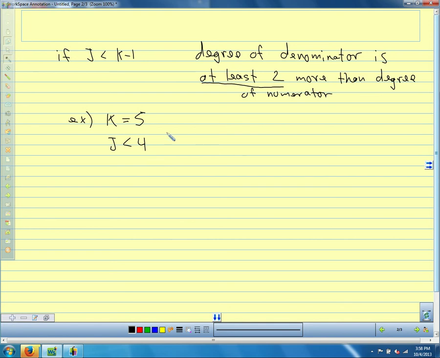So if we wrote out a series like this, we would have something like sum n equals 1 to infinity, and in our denominator we have 2n to the fifth, and in the numerator we would have n to a power less than 4, so we would have 3n cubed plus dot dot dot, plus dot dot dot. Or we could have something with a difference of at least 2, so something in that form.